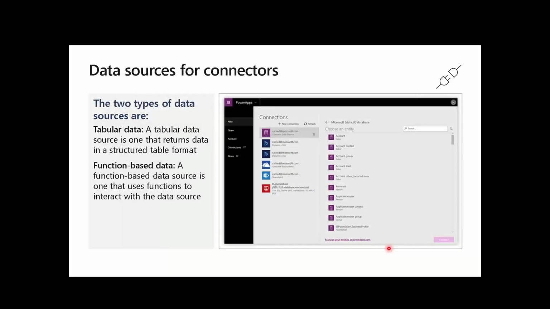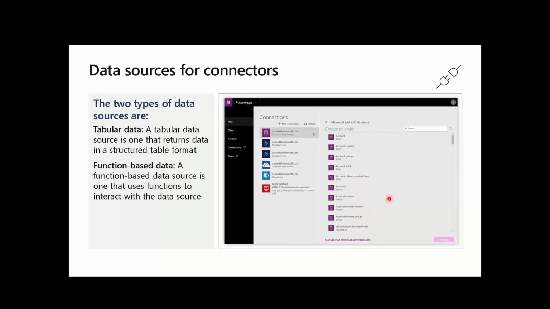Data sources. So now we are saying we will use the data connector, but what are the data sources that we can use for the data connectors? Basically we have two categories here. One is tabular data. Tabular data is basically the tables that I'm saying we have available. You can see in the screenshot we have different tables available, like account and contact.